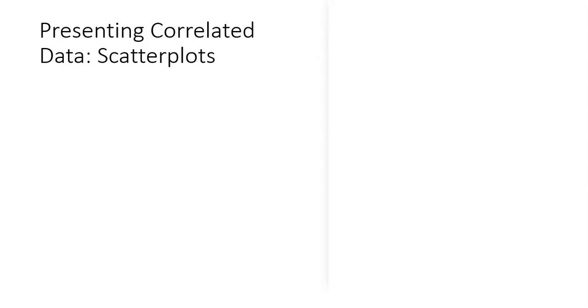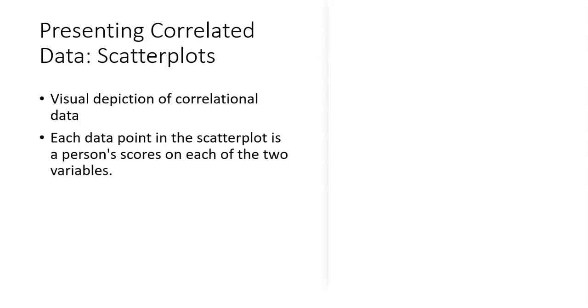Now, visually, when we present correlated data, researchers will sometimes use what's called a scatter plot. It's a visual depiction of correlated data, and each data point represents an individual person's 2 scores graphed out on an X and Y axis, and I'll show you that in a second.